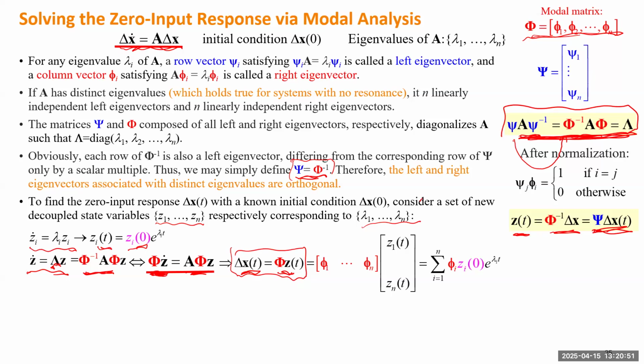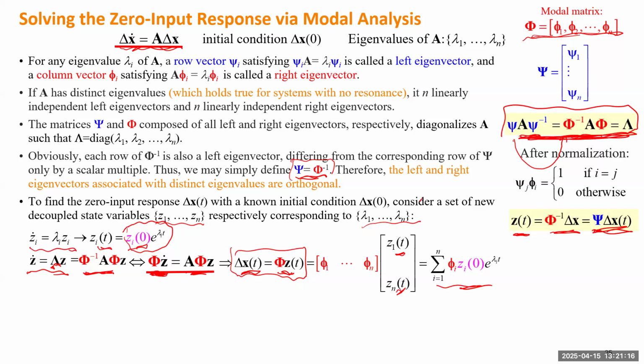Then let's continue. Next, we are going to replace each of them by this one, because each z depends on the initial amplitude multiplied by an exponential function regarding this lambda, this mode. So we'll have this here.